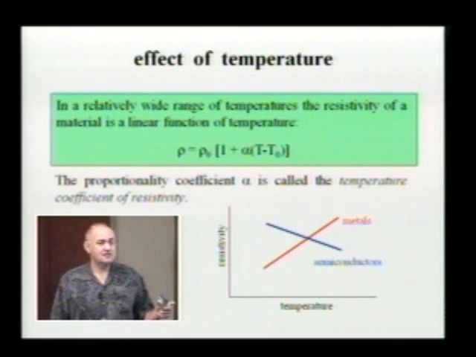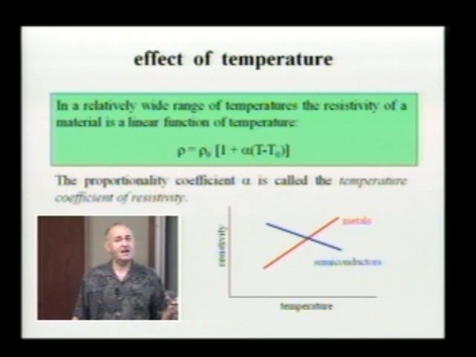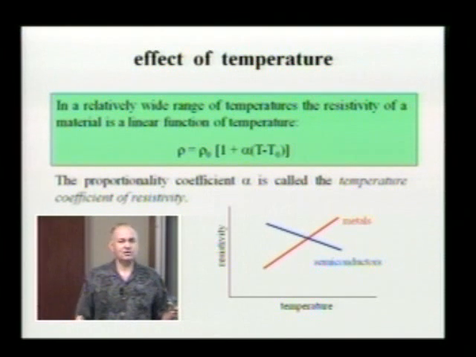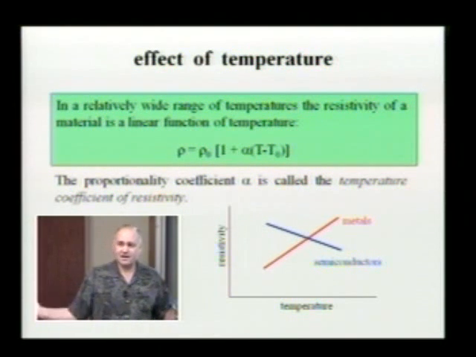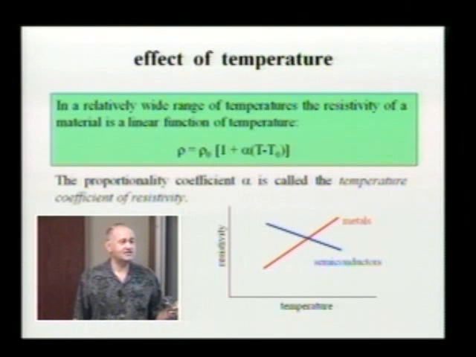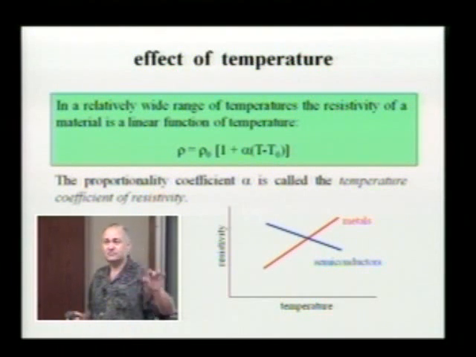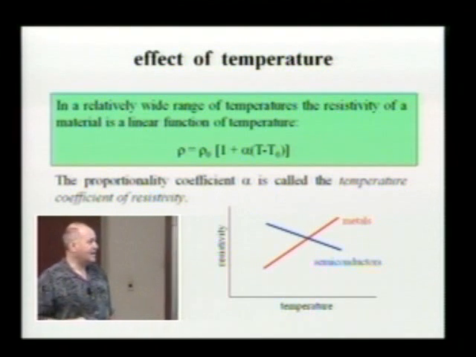Who votes that initially the current has a higher value? Who votes that it has a lower value? Those of you who voted that it's higher, you were right. When we turn on the light bulb, the current is higher, and it decreases until the temperature stabilizes to the operational value.